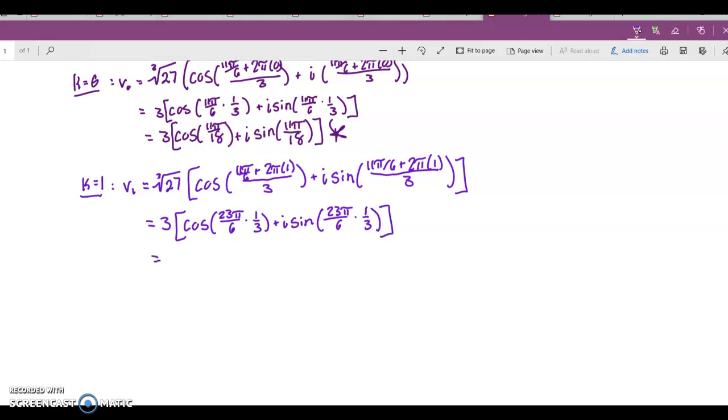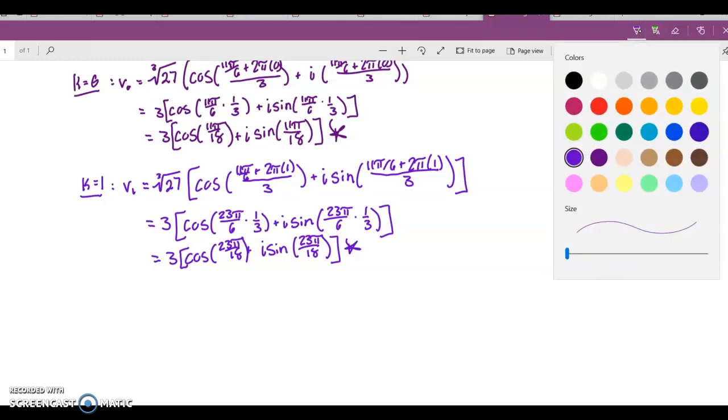Simplifying down, 3 times cosine of 23 pi over 18 plus i sine of 23 pi over 18. And that is your second root.